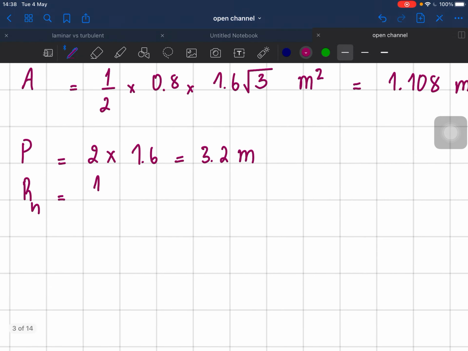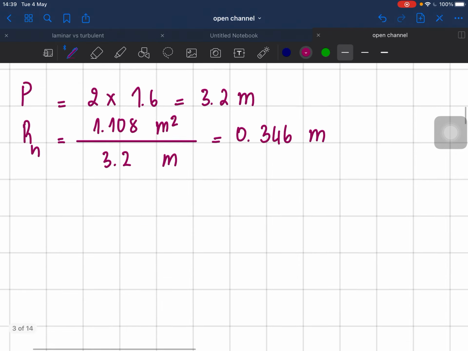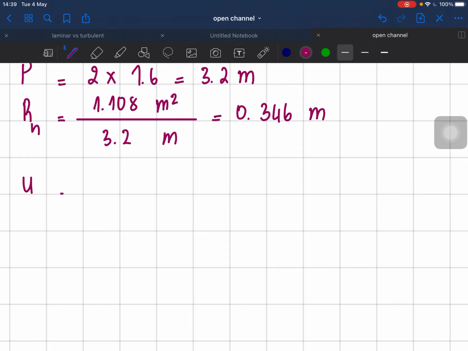So hydraulic radius is 1.108 over 3.2. This one is meter squared, this one is meter, and the answer is 0.346 meter.